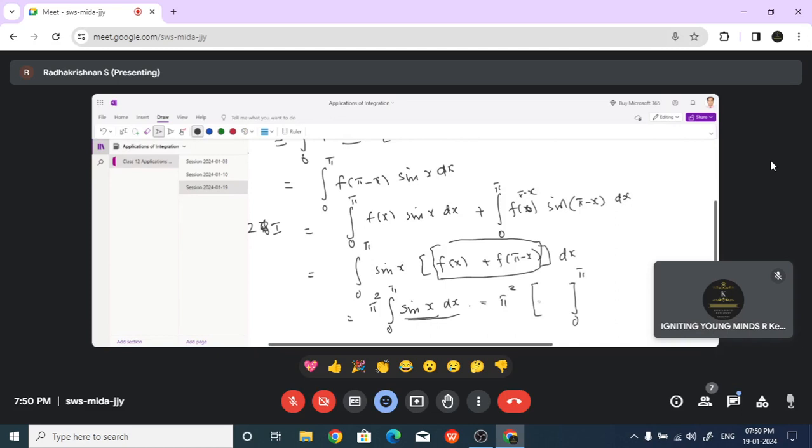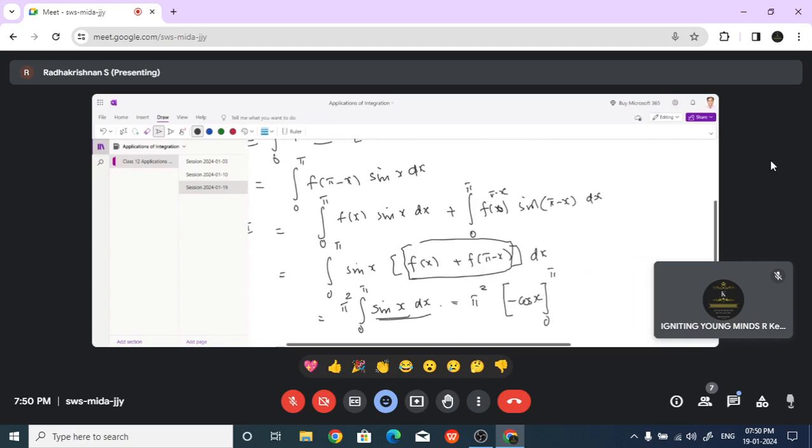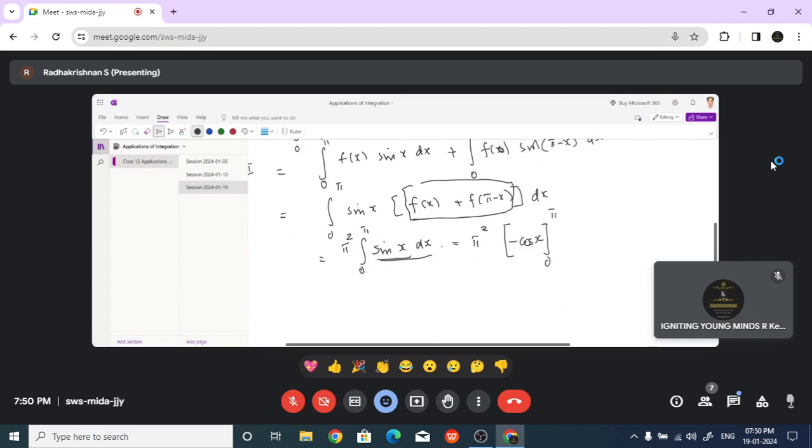What do you get? Minus cos x, sir. Yeah. So why is everybody keeping quiet? You don't remember this? Integral sin x, pi square into, so we can take it minus pi square. We can take minus out.